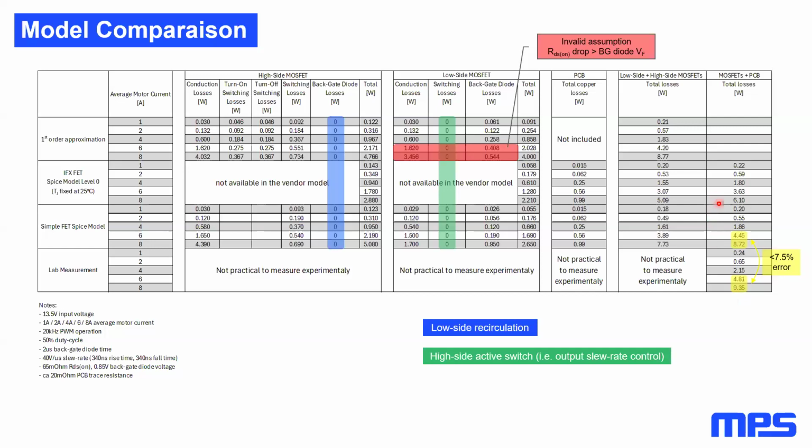This, plus the approximation of the body diode behavior, results in an overestimation of the losses at high currents that kind of compensates the lack of losses computation in the PCB, at least for this case. The first-order approximation, in conclusion, remains a good, quick method to evaluate at a glance if a MOSFET could service a specific application.